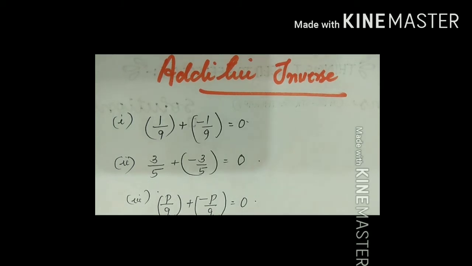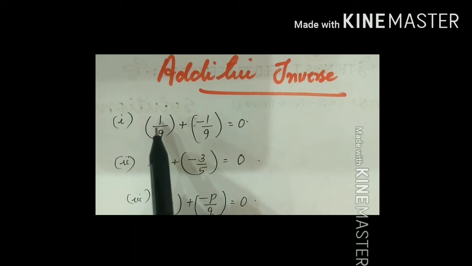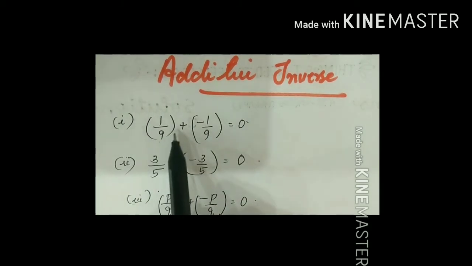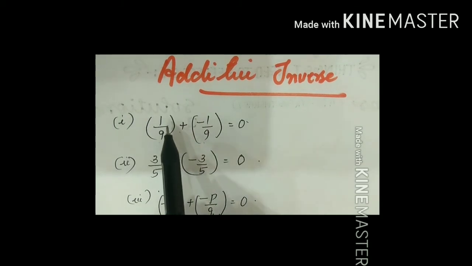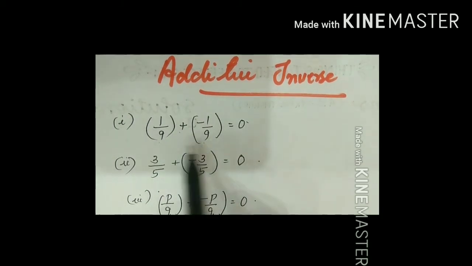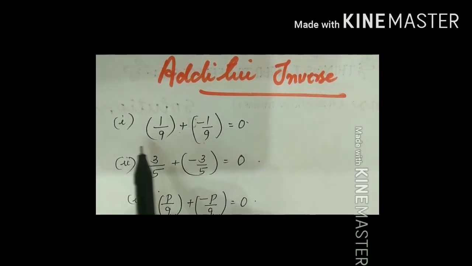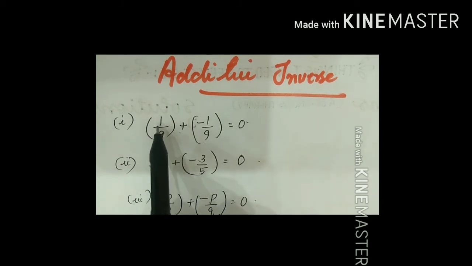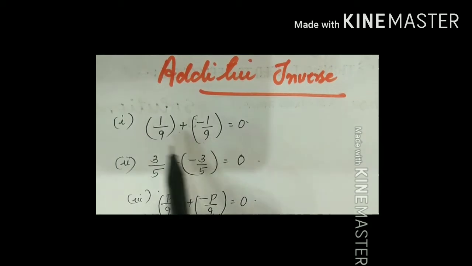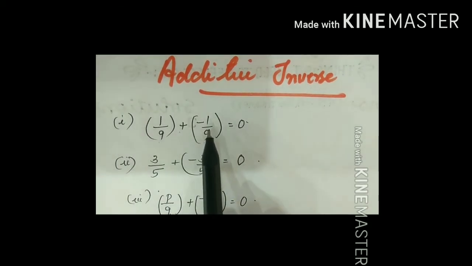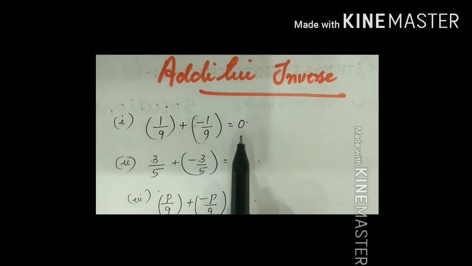Let's carefully observe the following examples. I've written here 1 by 9 plus minus 1 by 9. What is the result here? The denominator is the same. The numerator will be 1 plus minus 1, which is 0. The result will be 0. That means 1 by 9 plus minus 1 by 9 is equal to 0.